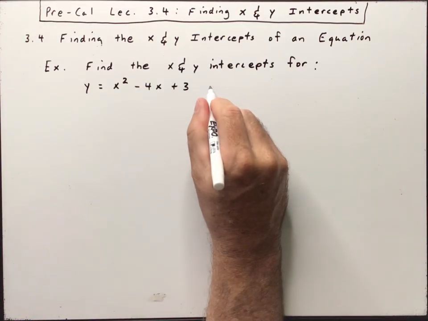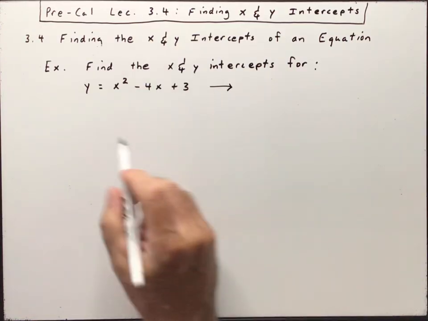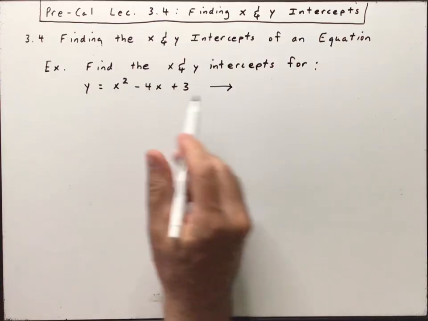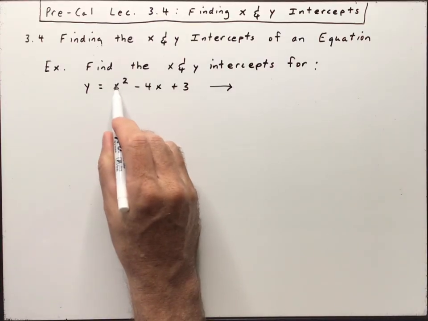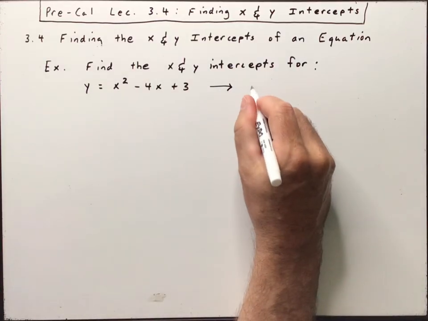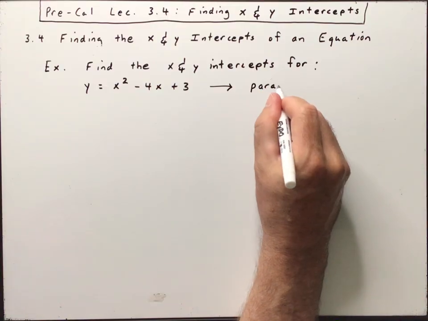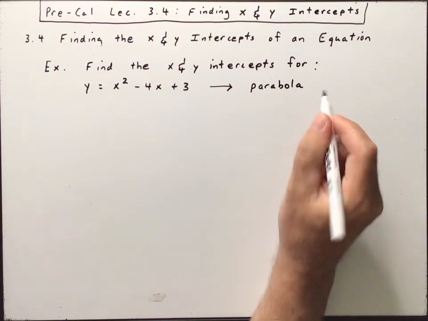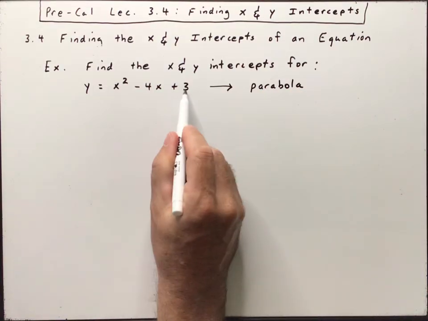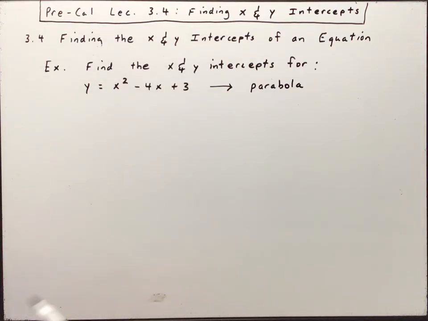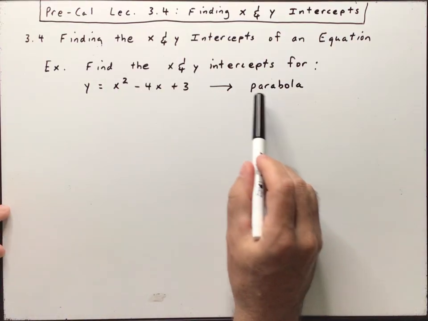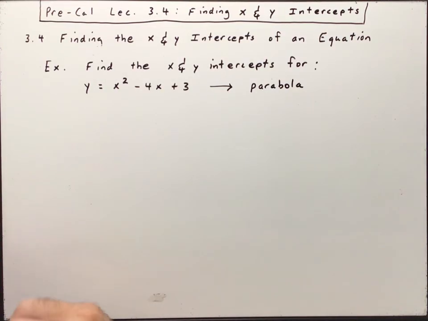Well, it helps to know the base. If we're going to have to graph it, what's the shape of this? Well, it's got an x squared term. This is a parabola. It's a happy face parabola. The minus 4x and the 3 just moves it around the graph a little bit. We know the basic shape is a happy face parabola.